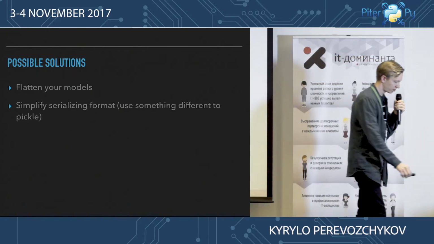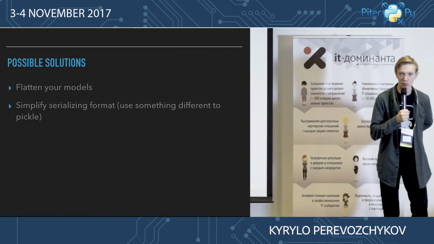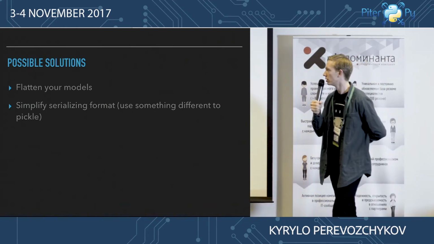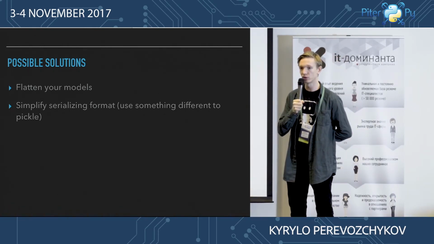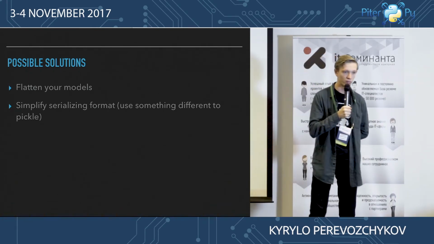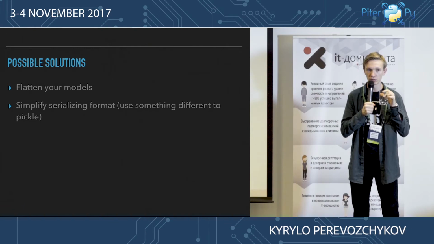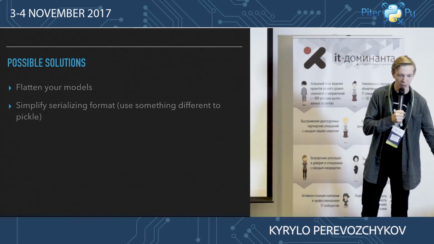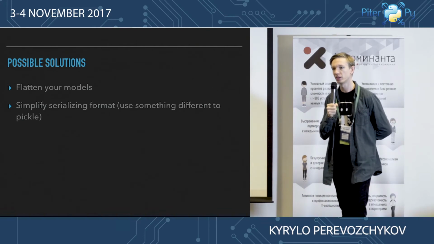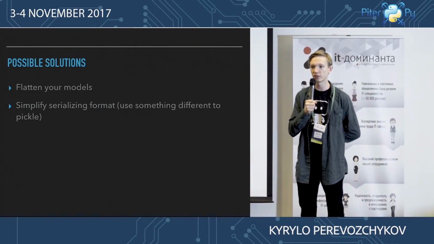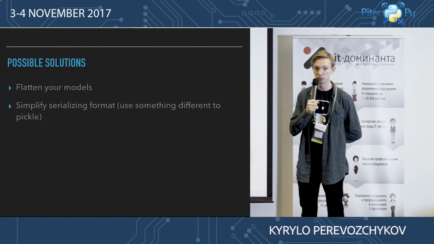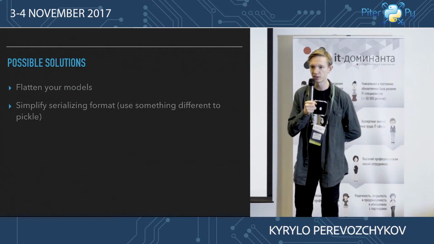What are the possible solutions then that we have tried and have been trying before? First, flatten your models. Though we do black box model predicts, we still undertake to have a graph format. We try to make it in such a way that it will be possible to serialize a model with a lot of parameters, and it will be cheaper than using ping.